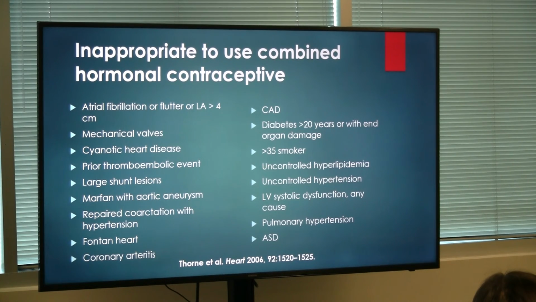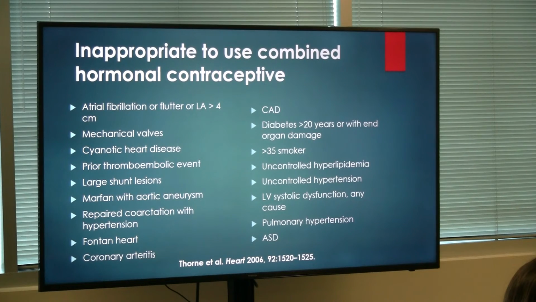So, when is it inappropriate to use combined hormonal contraceptive in the rest of the other things? So atrial fibrillation or flutter, LA size more than 4 centimeter, mechanical valves, cyanotic heart disease, prior thromboembolic event, large shunt lesions, Marfan syndrome with aortic aneurysm, repaired coarctation with hypertension, Fontan heart, coronary arteritis, CAD, diabetes for more than 20 years with end organ damage, more than 35-year-old smoker, uncontrolled hyperlipidemia, uncontrolled hypertension, LV systolic dysfunction of any cause, pulmonary hypertension, and atrial septal defect.